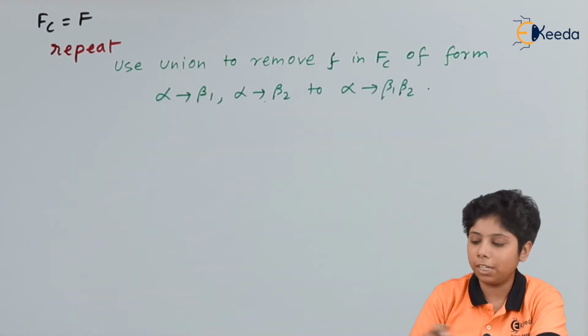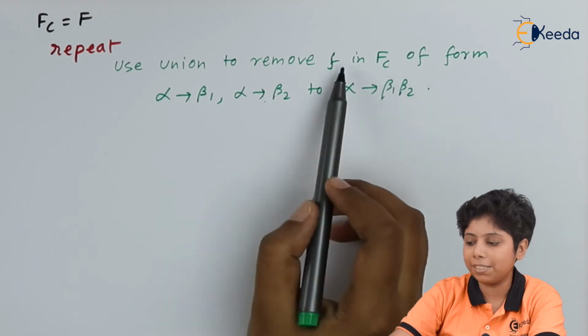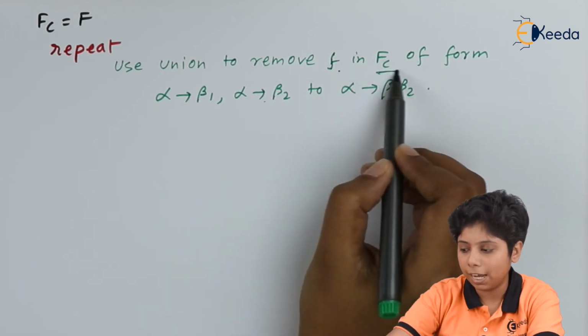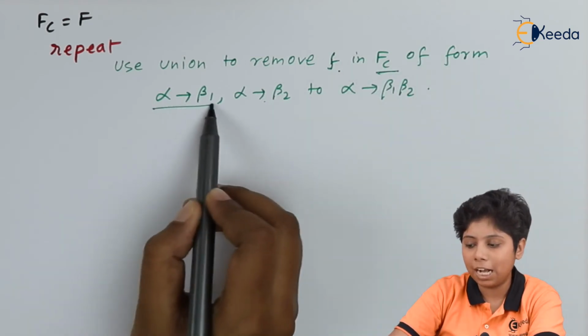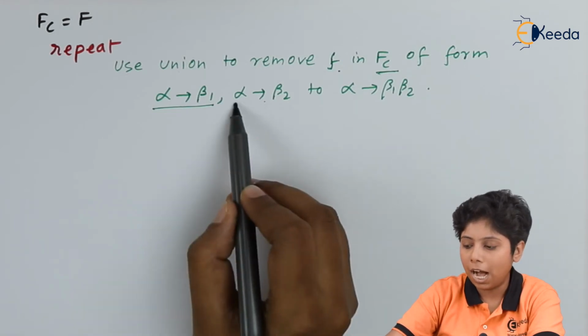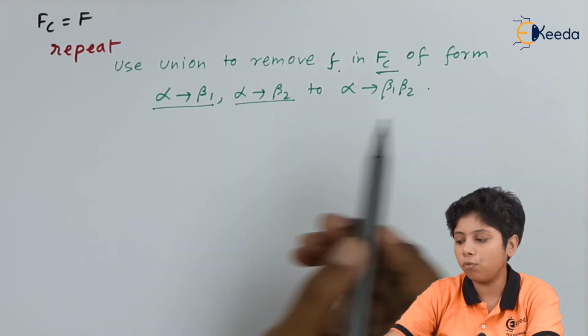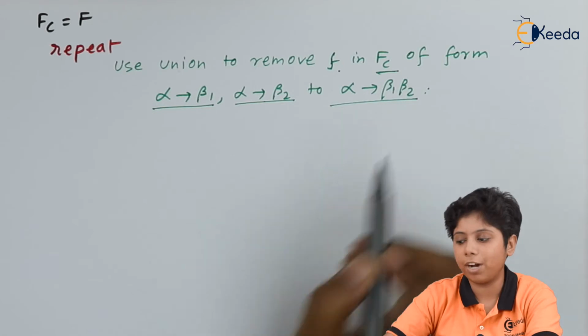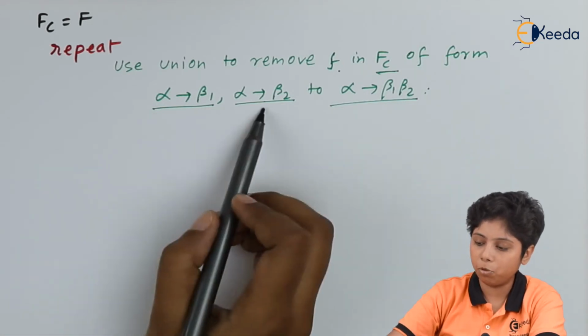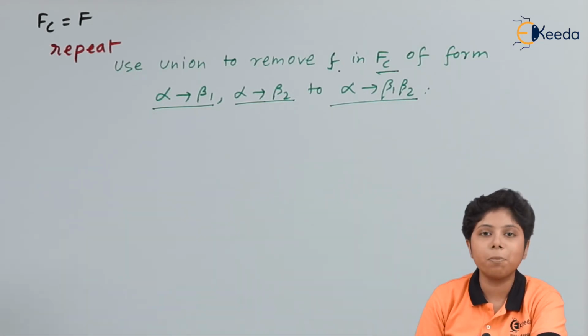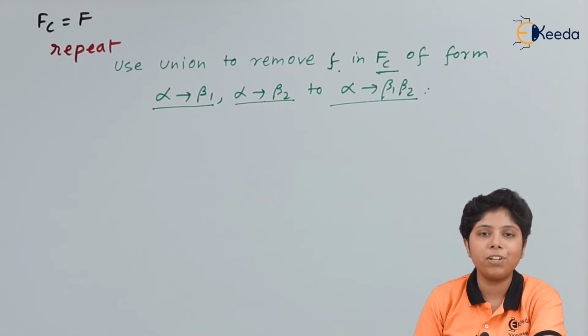First we use the union rule to replace the functional dependencies in Fc of the form alpha defines beta 1 and alpha defines beta 2 with alpha defines beta 1 beta 2.